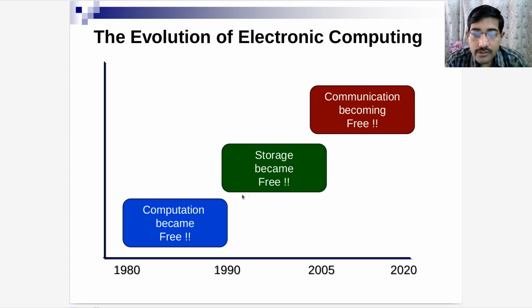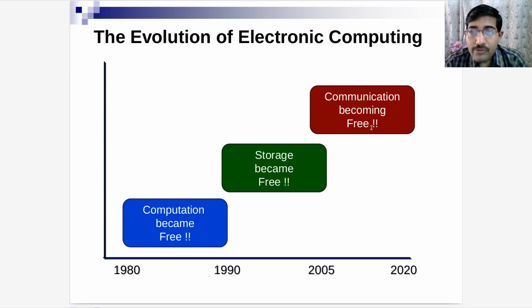So when we evolve in this history from 1990 to 2005, we find that the next decade of computing made storage almost free. Again, by free I mean that per capita storage became very cheap.